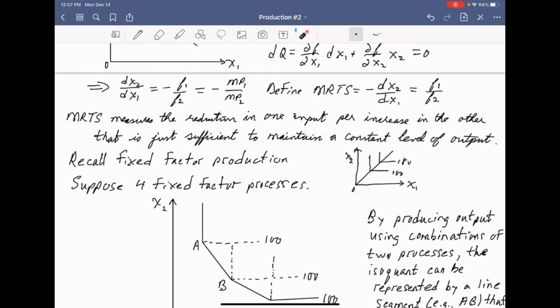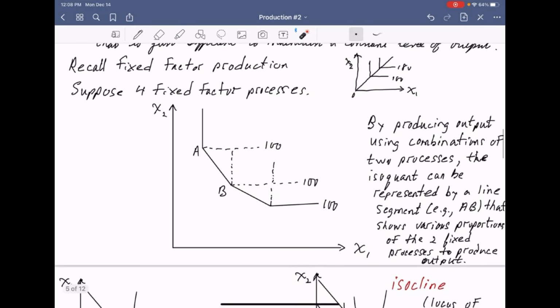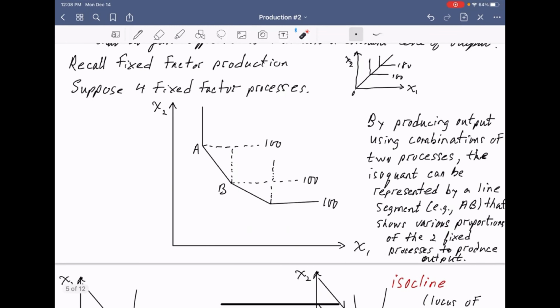Recall fixed factor production. Here we have fixed factor production in this little diagram to the right. And let's suppose we have 4 fixed factor processes. By producing output using a combination of 2 processes, the isoquant can be represented by a line segment.